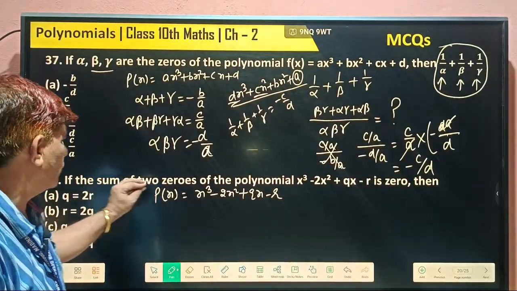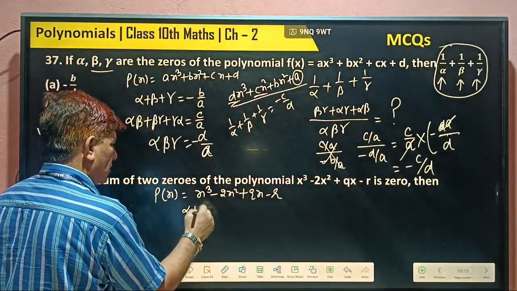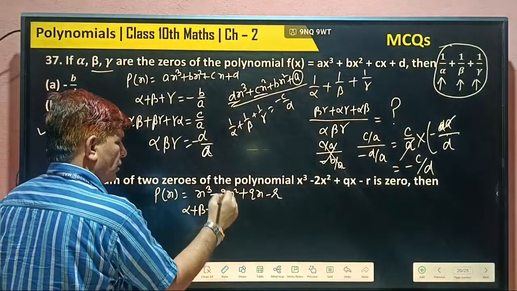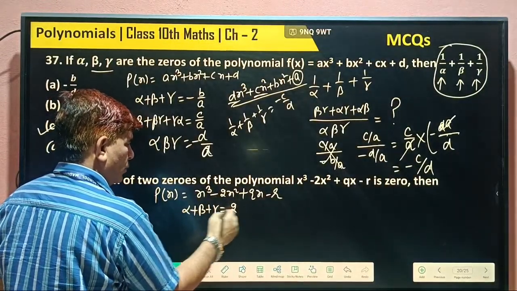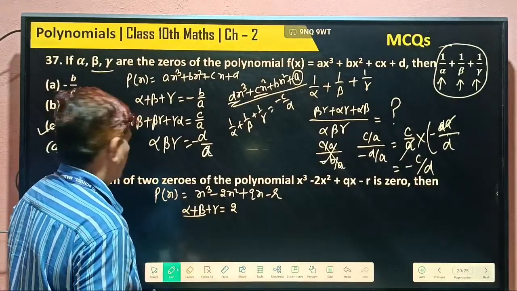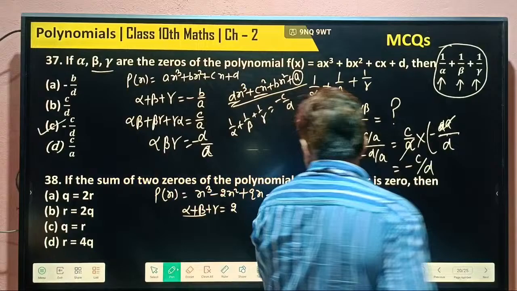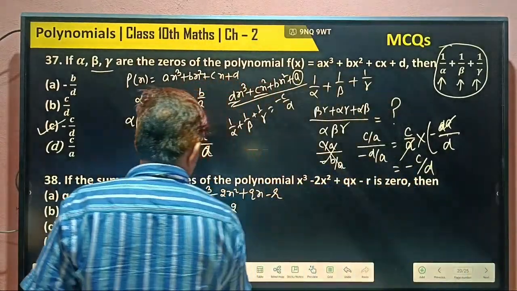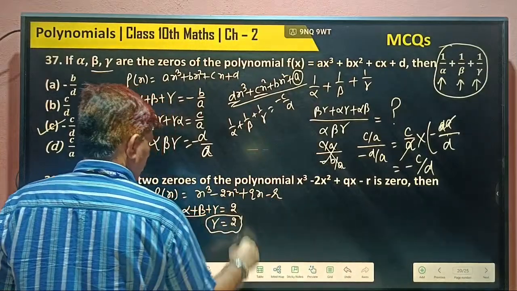So first, alpha plus beta plus gamma is equal to minus b by a, which means 2, and these are zeros. If the sum of two zeros of the polynomial is 0, it means gamma equals 2.